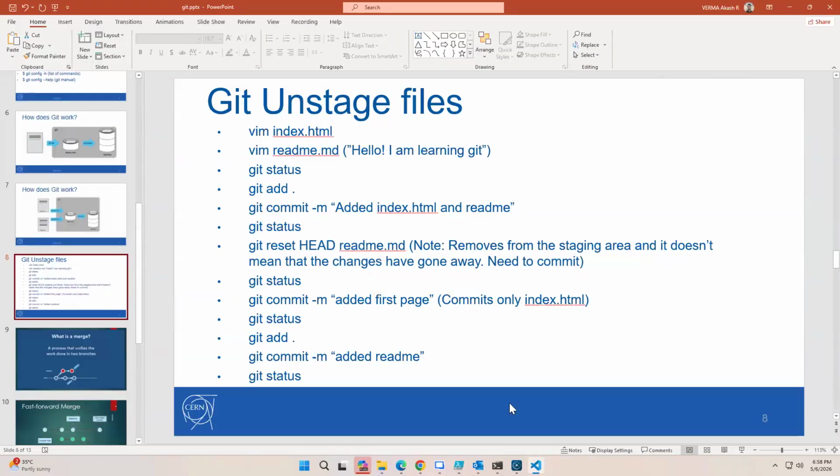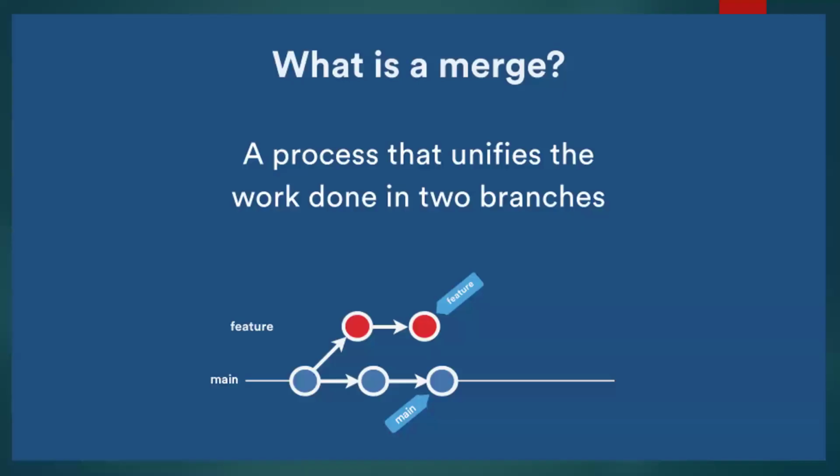Okay. Merging part. Let's see about that one. It is a process that unifies the work done in the two branches. So basically, you have this main branch where you have done some work, but you created a feature branch from this commit ID.